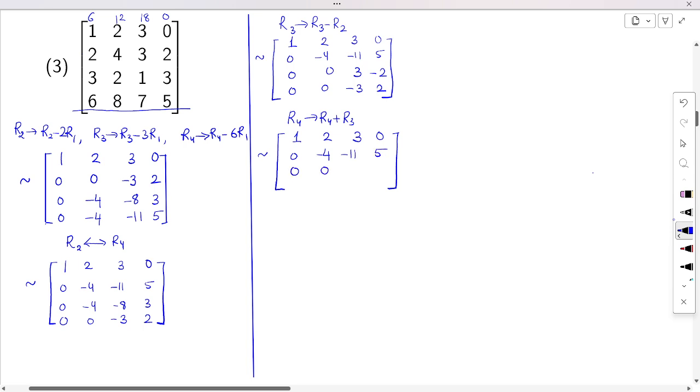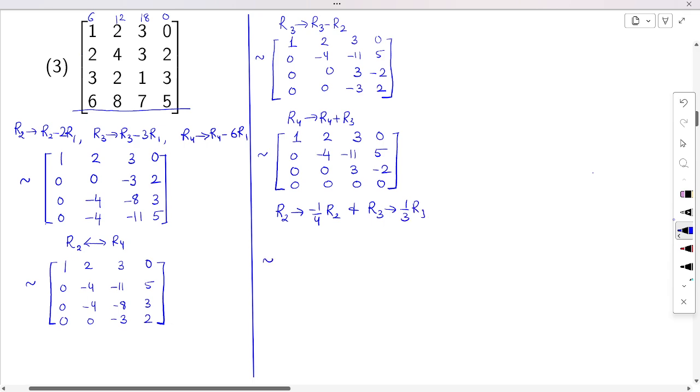0, 0, 3, minus 2, 0, 0, 0, and 0. Now divide row 2 by minus 4 and divide row 3 by 3.